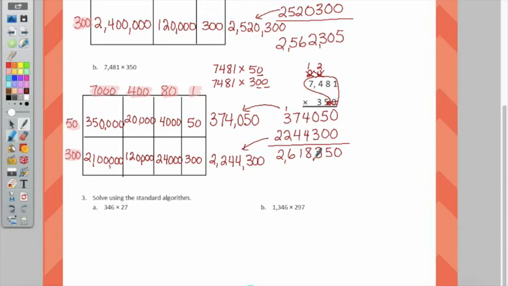Okay, check your answer with mine once you get it done. Would it be easier for you to just rewrite it? No, you're good.